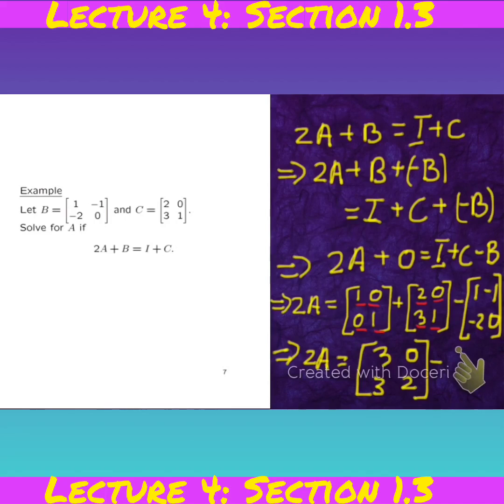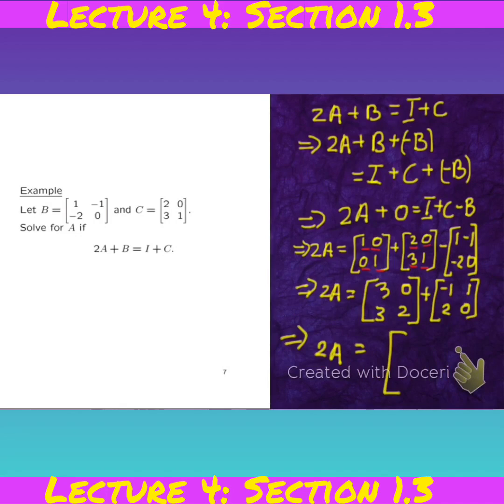And that we're going to add to the negative of B. The negative of B, negative 1 is the scalar, so we multiply each entry with negative 1. It becomes minus 1, 1, 2, and 0. And then we add those two matrices. 3 minus 1, which is 2, 0 plus 1, which is 1, 3 plus 2, which is 5, and 2 plus 0, which is 2.